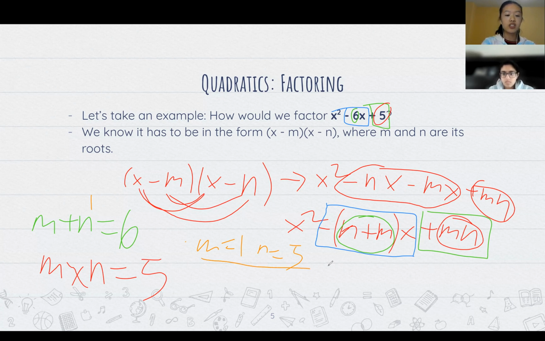But once you substitute it back into the first equation, that gives you x minus 1 times x minus 5 as your factored form. So the roots would be 1 and 5, but the factored form would be x minus 1 times x minus 5.